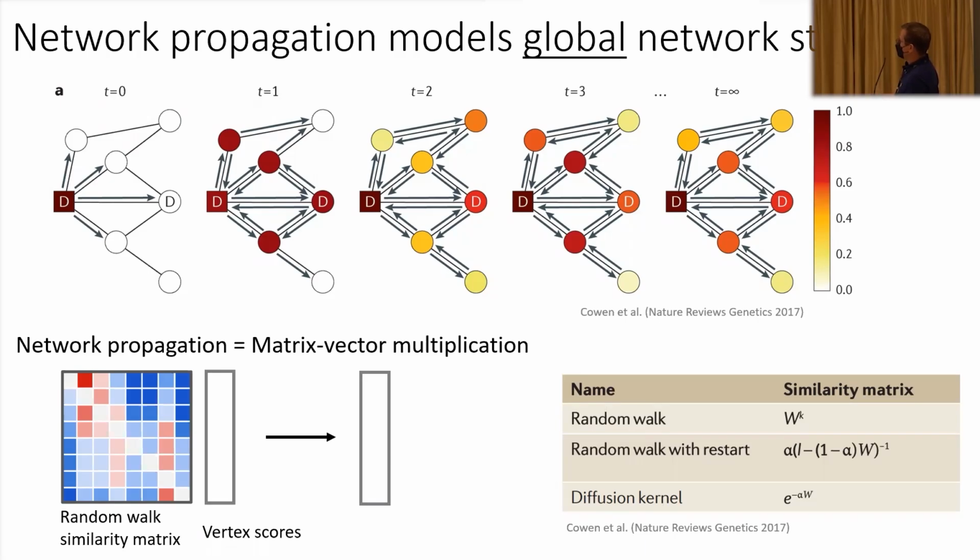Lenore already mentioned this review article, showing how a lot of these approaches boil down to this process, often described in an iterative way, where you take iterative steps of a random walk or flows, or which can really just be written down in terms of a network similarity. So the random walk with restart, diffusion kernel, nearly everything people write down really is just a similarity matrix. And for network propagation, this becomes as simple as matrix vector multiplication, which also makes it highly efficient.